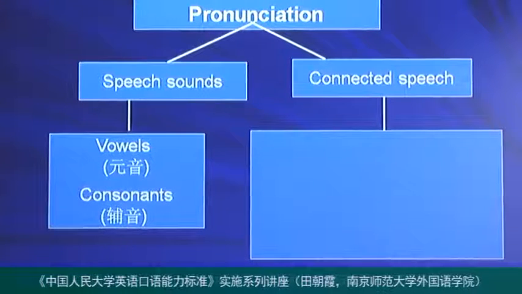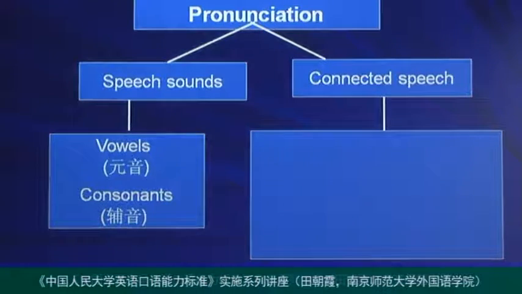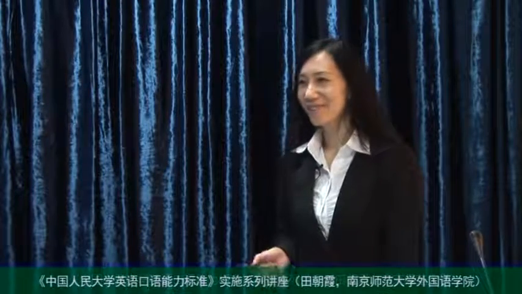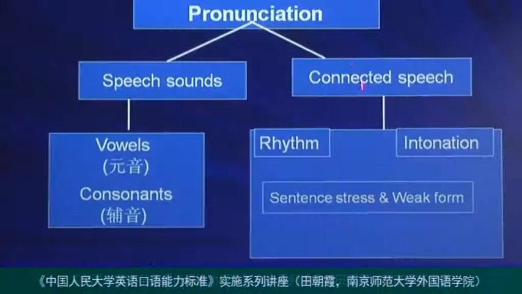In the previous 4 chapters, we talked about this big category. What are they? Mainly rhythm and intonation, 节奏, 语调. These are things we talk about in connected speech. There is no rhythm and intonation when only individual sounds occur.